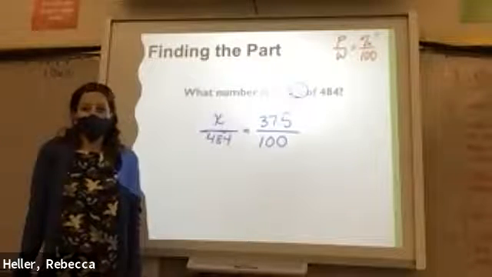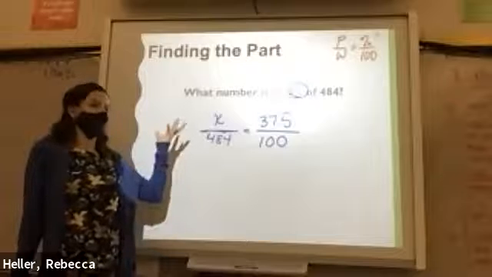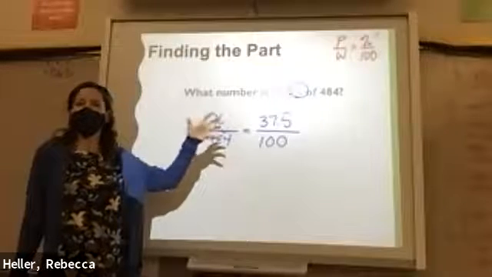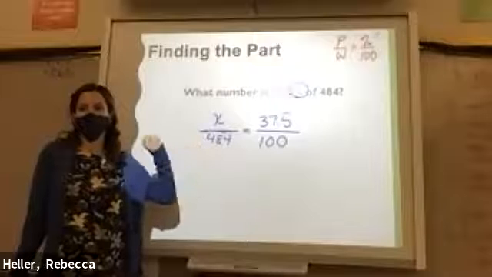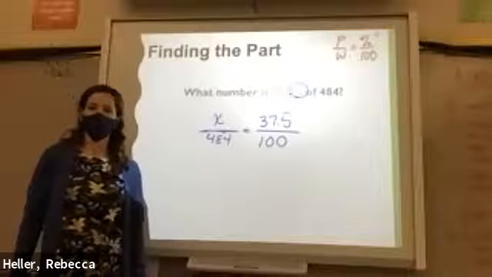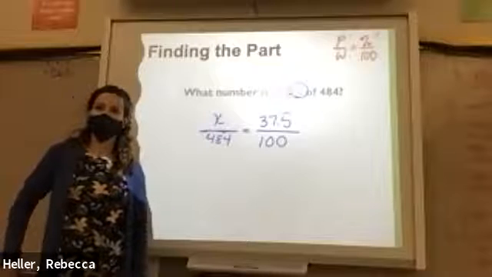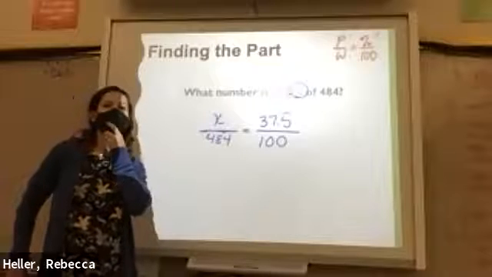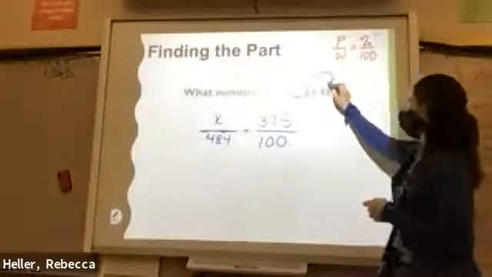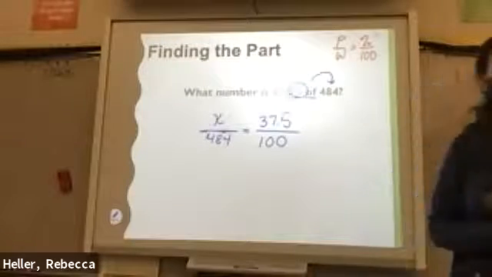Before we solve it, can anybody help us determine, like, is there any kind of information or clues in the statement of the question that help us decide where the 484 goes? Like, how do you know that it goes on the bottom? Olivia. Because it says of 484. Go ahead, Ryder. Do you want to add to that?